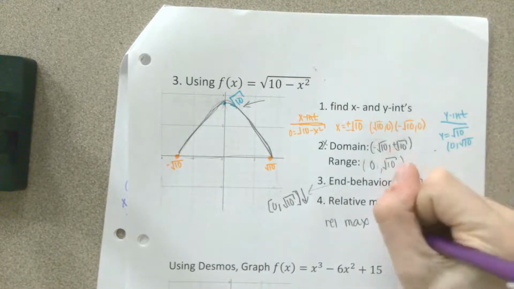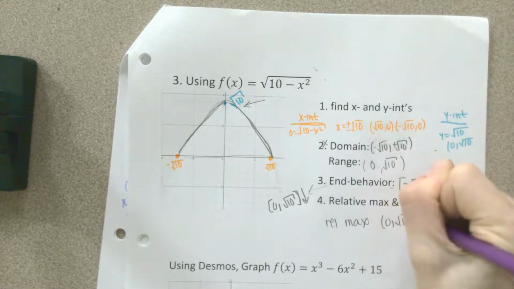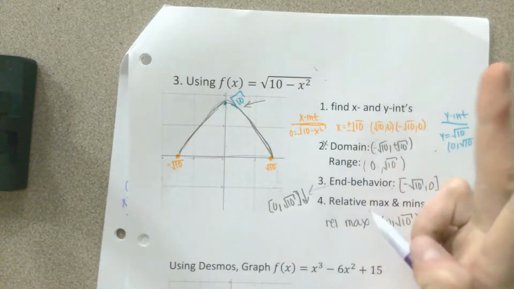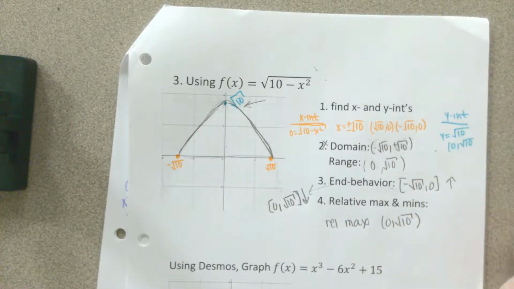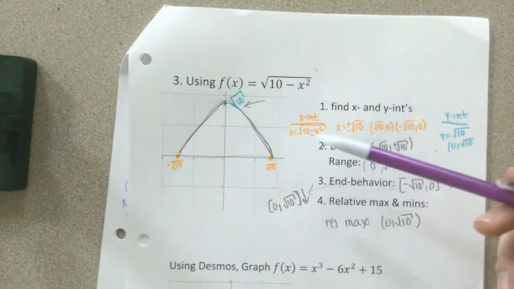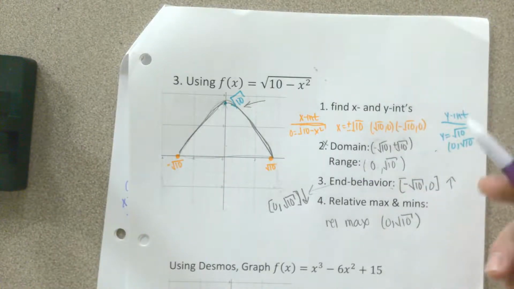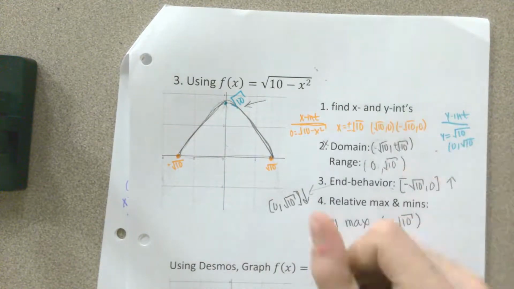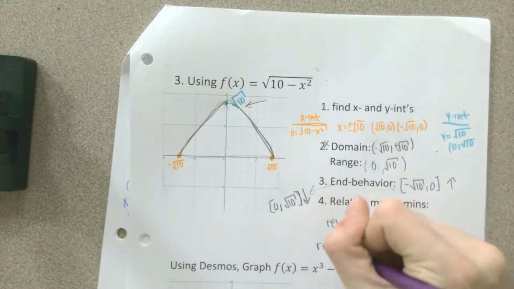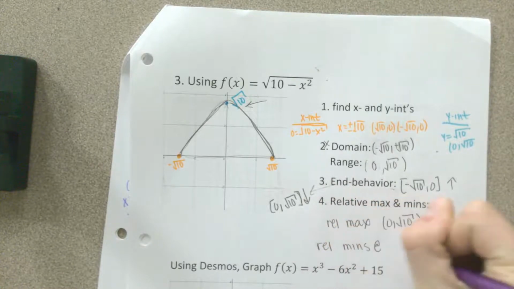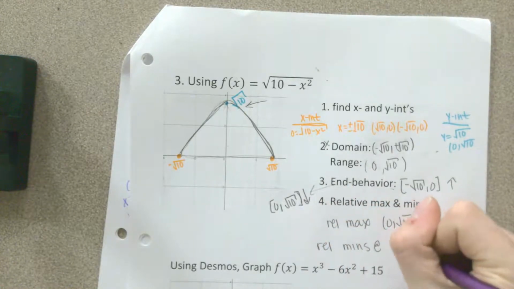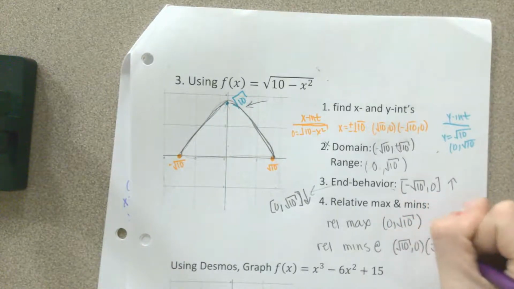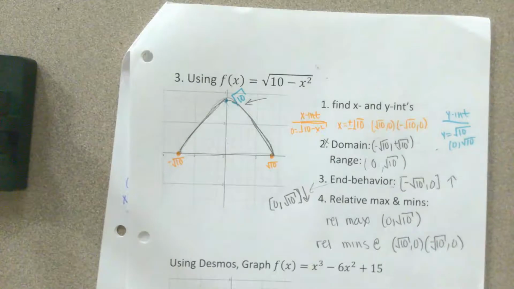Okay, and I would like you to write it in ordered pair. And we have two relative mins here. So before, our function continued on forever, that's why we had no relative mins. Now our graph stops here at these minimum values. So relative mins at square root 10 comma 0 and negative square root 10 comma 0.